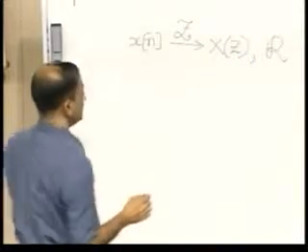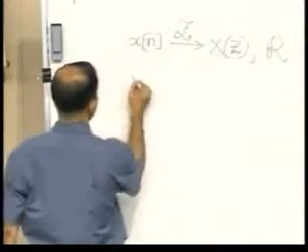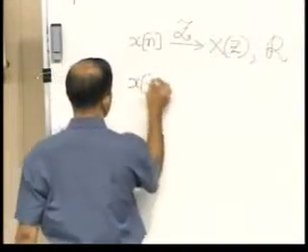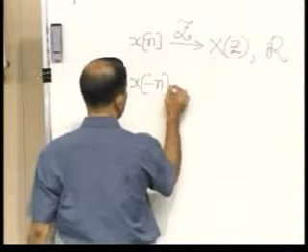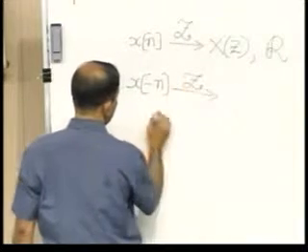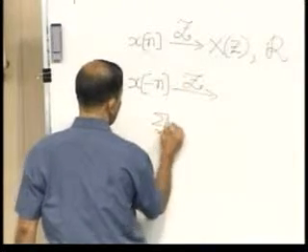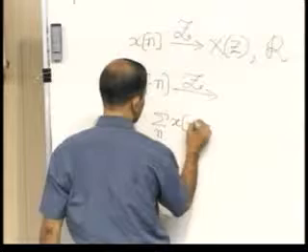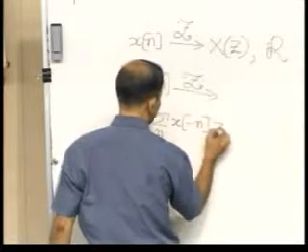Now, let us investigate the Z transform of x of minus n. Well, x of minus n would have the Z transform given by summation over n of x of minus n z raised to the power minus n.